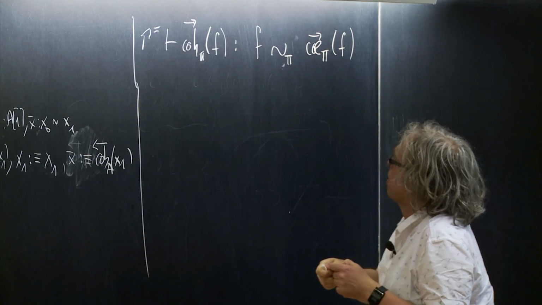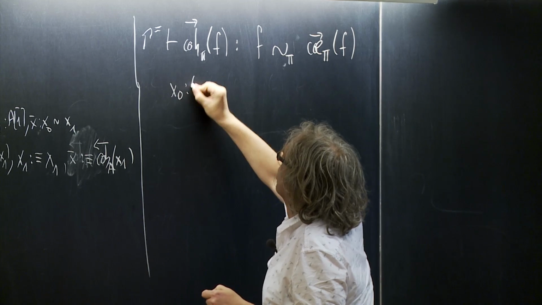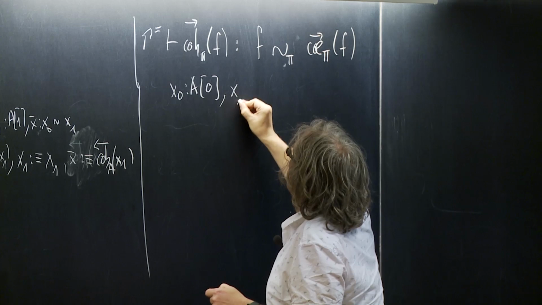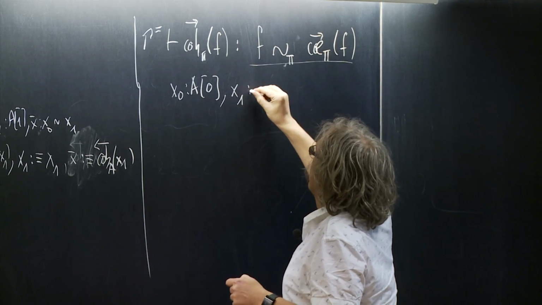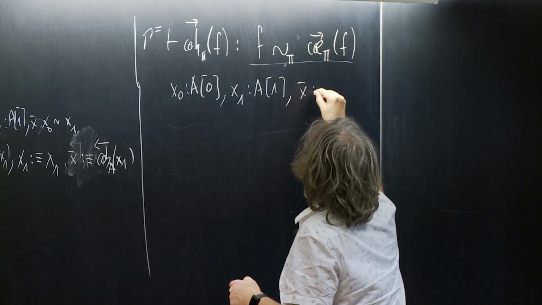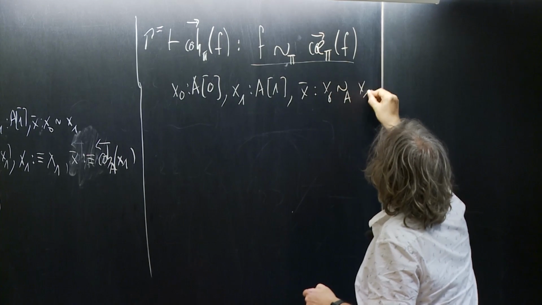So we assume x0 in A0 and x1 in A1 and x bar, which proves that x0 is the same in A as x1.